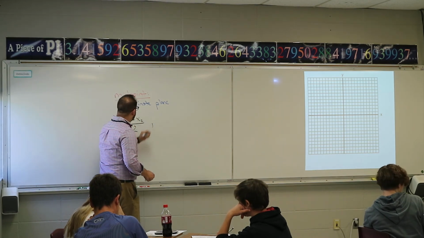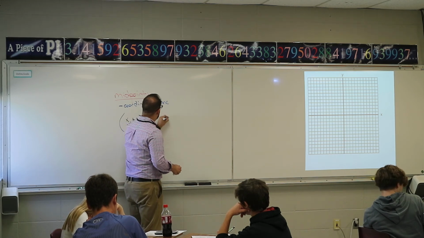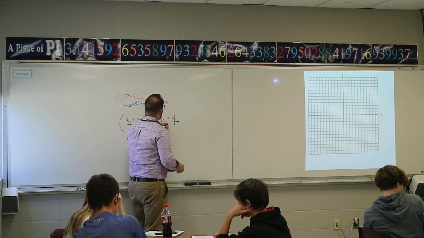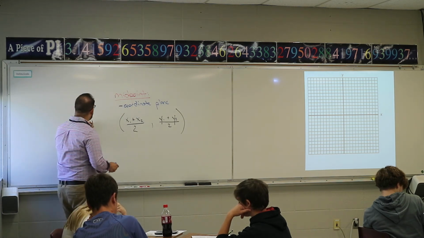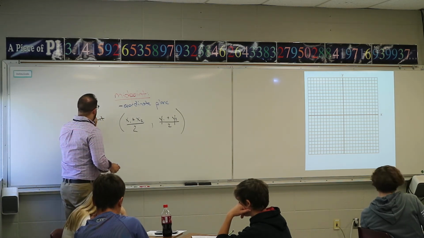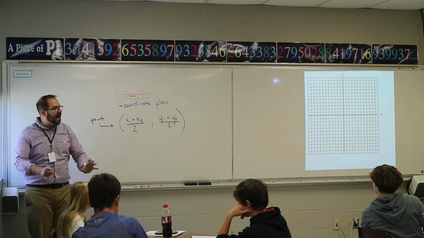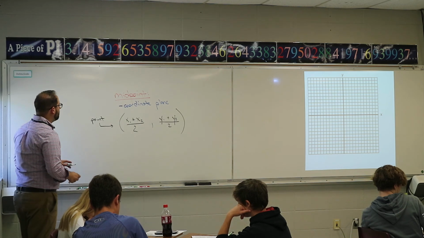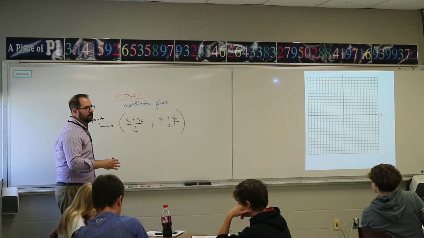That'll be one of your numbers. And then you're going to add the y numbers together and divide those by 2. That's how you find midpoint. It is literally a dot, a point, that's in between them. That's what this is representing. It's representing the physical dot on the graph that would hit the middle. Does that make sense why it's two numbers and they're separated by a comma?